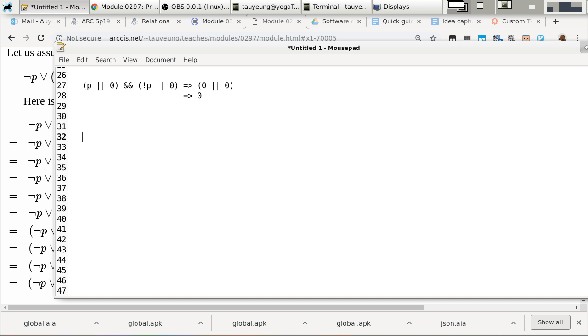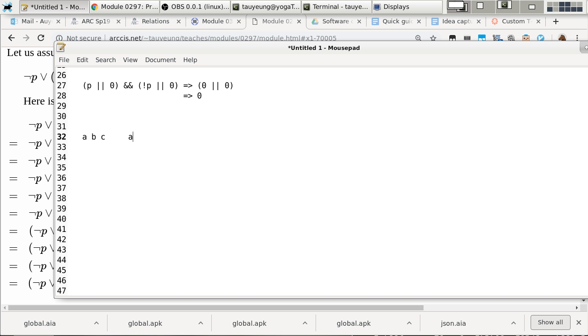So we have A, we have B, and then we have C here. The truth table would work just like that.